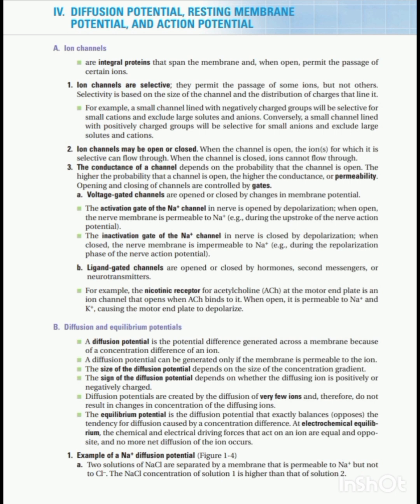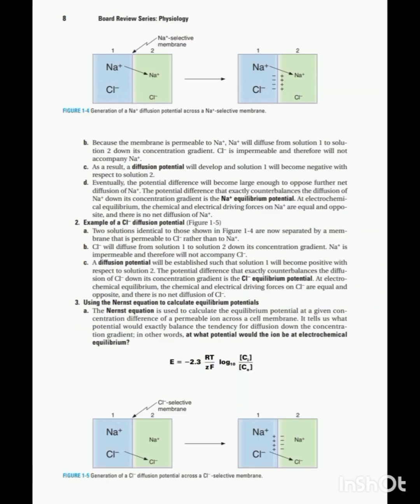So sodium will diffuse from solution 1 to solution 2, from higher concentration to low concentration, down the concentration gradient, and chloride is impermeable, and therefore it will not accompany the sodium. As a result, a diffusion potential will develop across the membrane, and solution 1 will become negative with respect to solution 2, and as time passes, the potential difference becomes large enough to oppose further net diffusion of sodium.